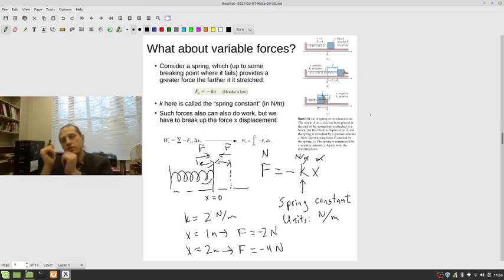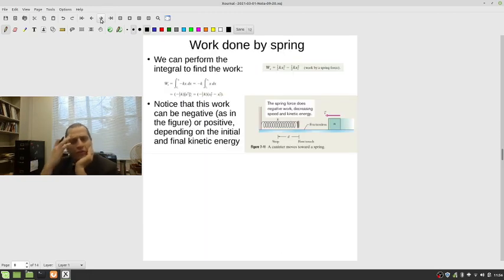The type of language that we're going to be introducing a little bit later on is that the spring has some potential energy when it's compressed, and as it releases, it transfers that energy to the block, and so the block at the end has some kinetic energy. So that's where we're going with this, but for the time being, let's just think about it as the spring doing work on the block.